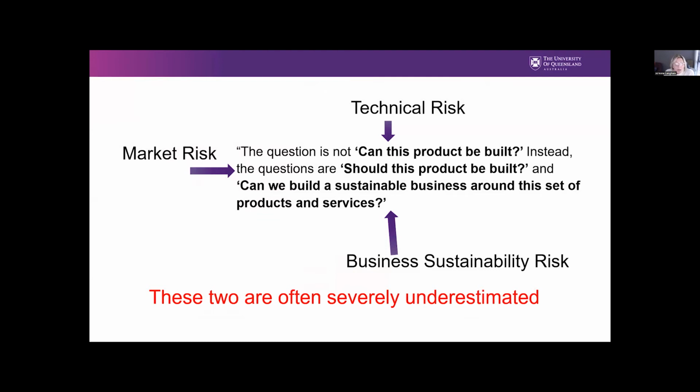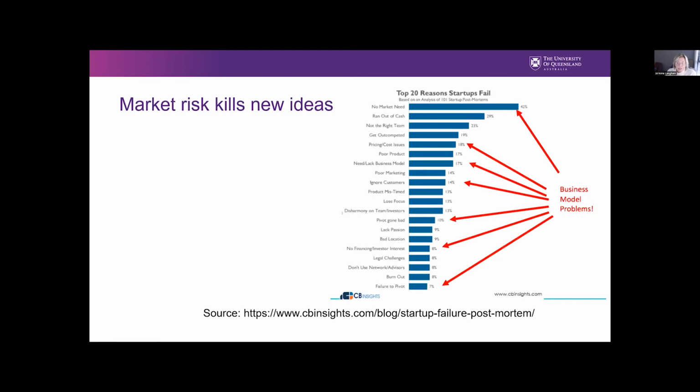We will work that one out. But really, should we build this product? And can we build some kind of sustainable business around the products and services that you're going to offer? So this is generally the most common area where startups fail.